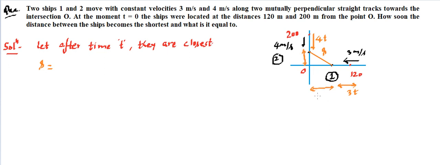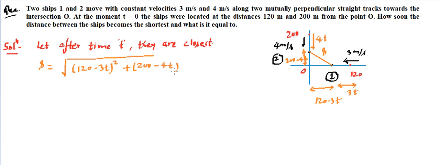Can we say this is going to be 120 minus 3t, and this is going to be 200 minus 4t? Yes. So using Pythagoras, s is the hypotenuse, and it will be the square root of (120 minus 3t) whole square plus (200 minus 4t) whole square. That's the distance between the two ships at any instant of time.